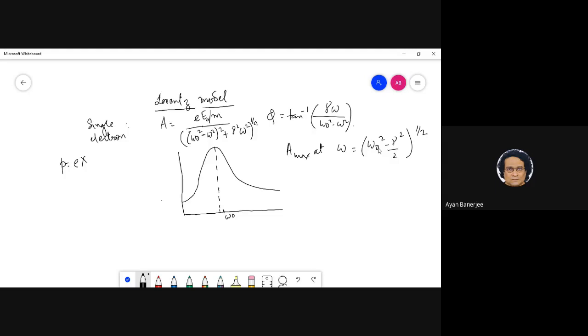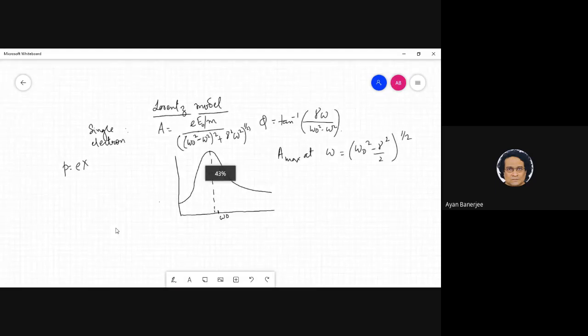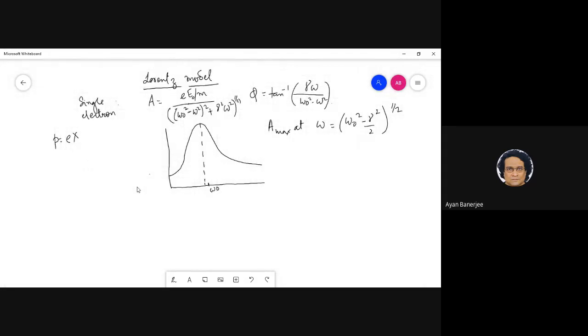Could this have increased? Could this have become omega 0 squared plus? Yeah. What do you feel? Sir, it couldn't have been plus because damping is essentially reducing our amplitude everywhere.